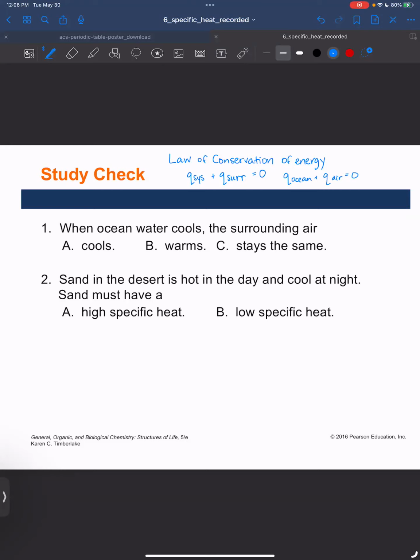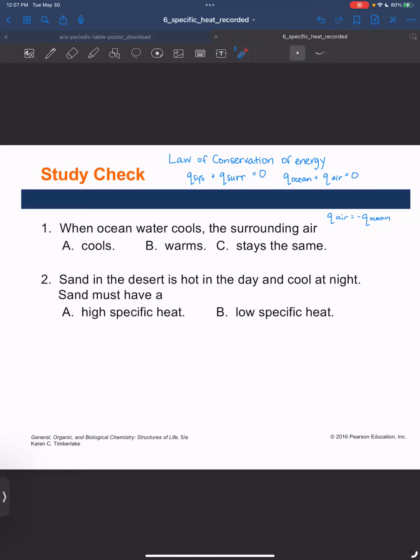I'm going to move Q ocean to the other side so we can see the relationship between Q ocean and Q air. So I'm going to subtract both sides by Q ocean. And so that will give me Q air is equal to negative Q ocean.